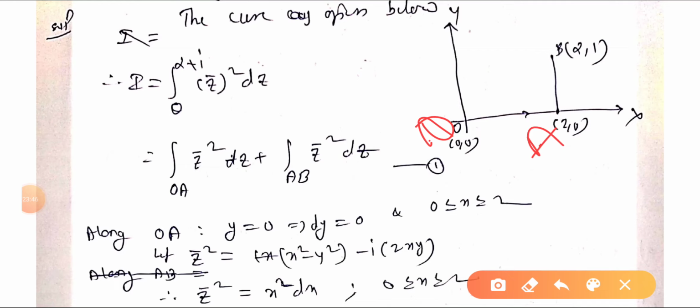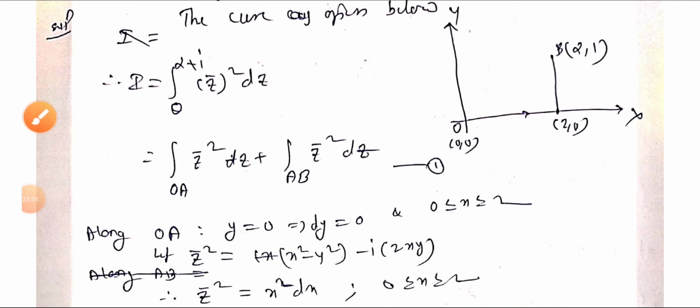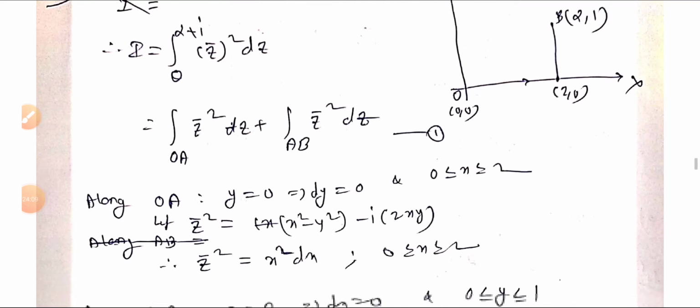Now along OA, y equal to 0, so dy is 0 and x varies from 0 to 2. z bar square is x square minus y square minus i times the bracket 2xy, so if y equal to 0, z bar square is only x square, dx, and x varies from 0 to 2.